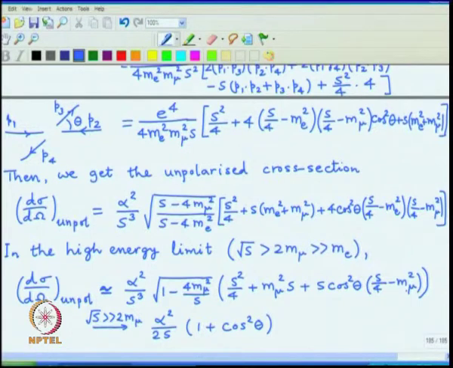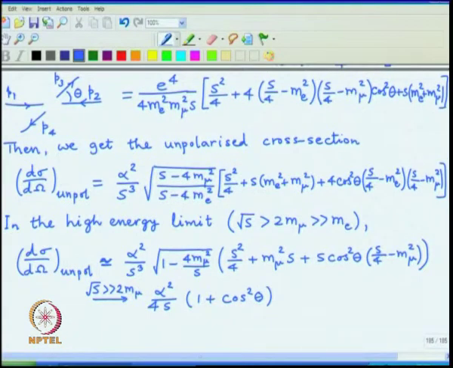Sorry, the factor is 4. Okay, so this is a simplified form and it shows a very simple angular dependence, 1 plus cosine square theta, and the overall magnitude is just 1 over the total center of mass energy multiplied by the fine structure constant square. So, this is the result.